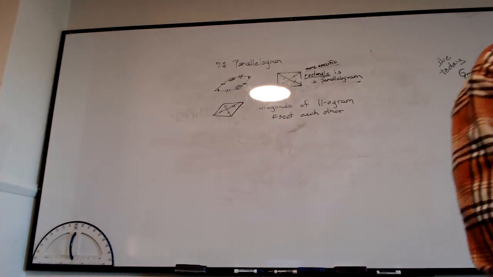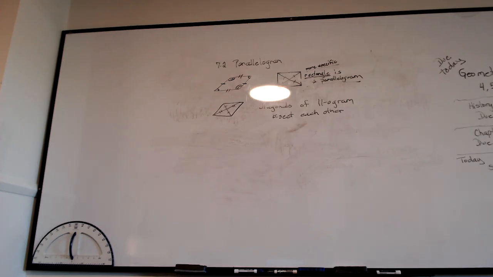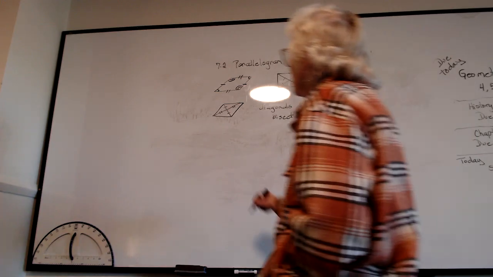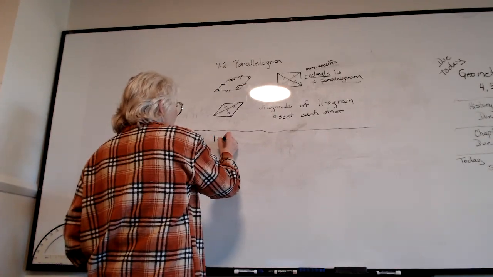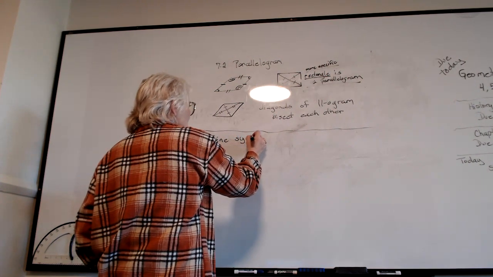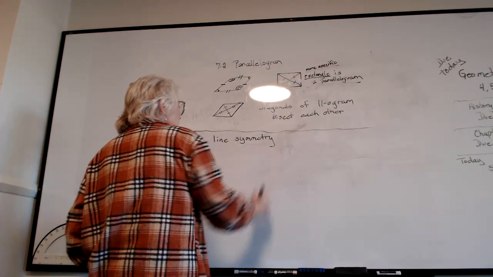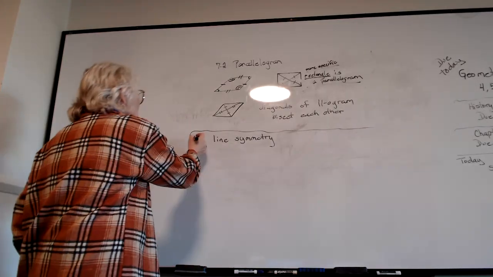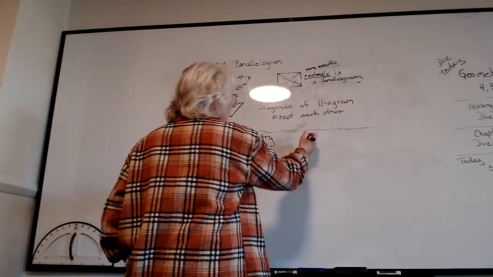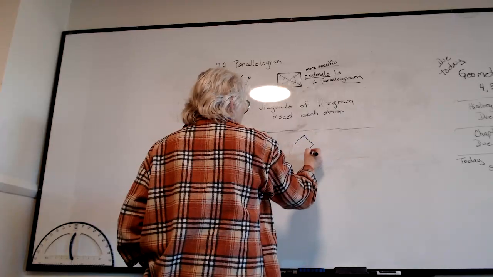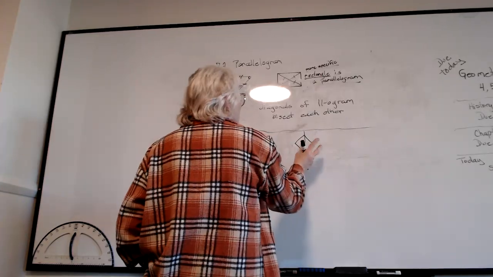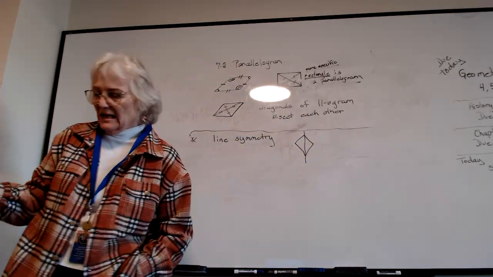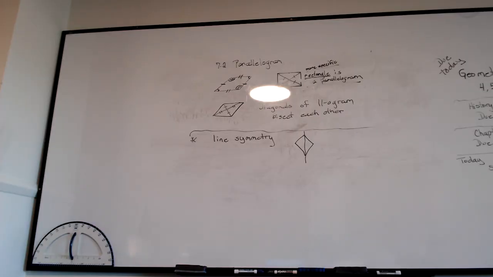Okay, the last thing is we're going to talk about symmetry. So we have already talked about line symmetry. Line symmetry is something we've already looked at, and it's when I take something like our kite, it has line symmetry, and I can cut it down a line and fold it across that line, and it will be equal on the other side.